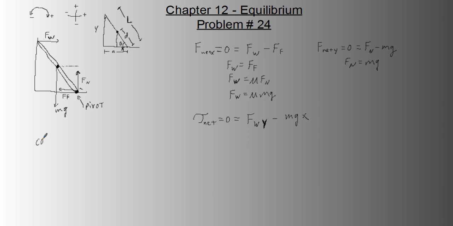So cosine of that angle is adjacent, which is A, over hypotenuse L. A, they gave us in the book, is 0.914, and L they gave us is 2.1.